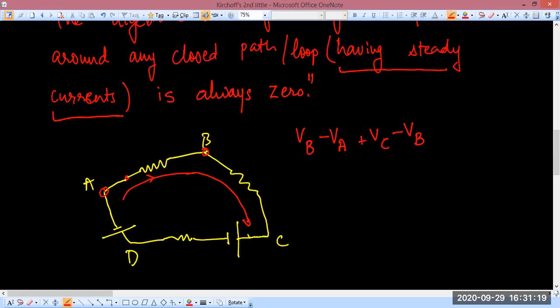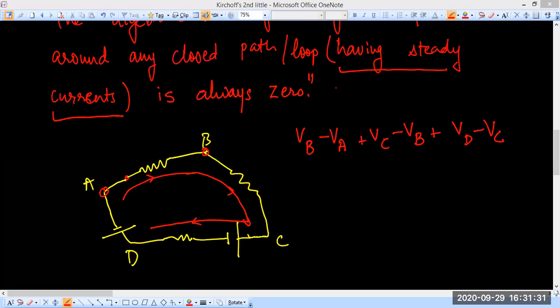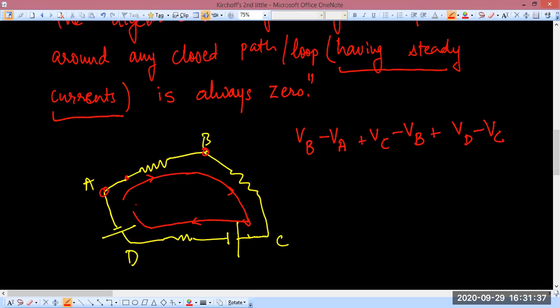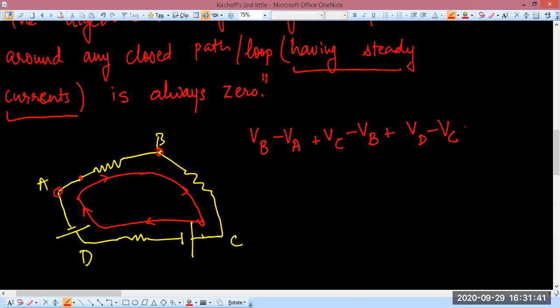Then you go from C to D, right? Then the potential difference between those 2 points is this. And finally, you go from D to A. So we have moved in a closed path. So then the potential difference here is VA minus VD. And it is equal to 0.